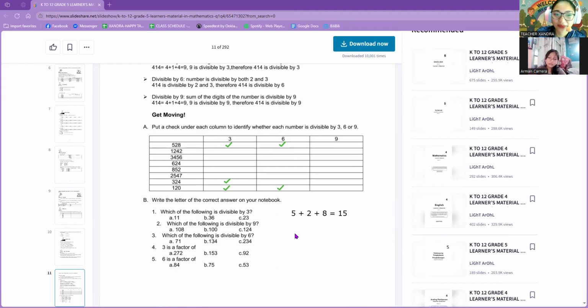And then number 6, the last digit is 4. Okay, very good. And how about the last one? Since 3 plus 2 plus 4 is 9, it's divisible by 9.